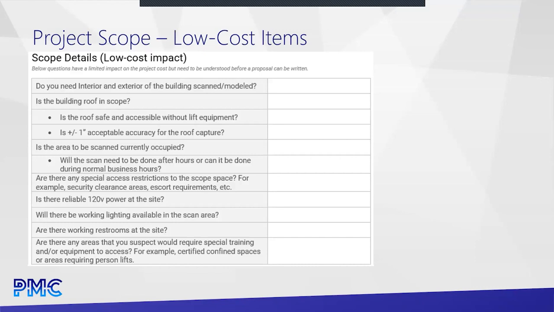Working lighting available. We can scan in pitch black. We can bring our own lights. That's fine. But these things just add cost to the job, right? We've got to mobilize more equipment, more gear, get more stuff out there. Working restrooms, right?